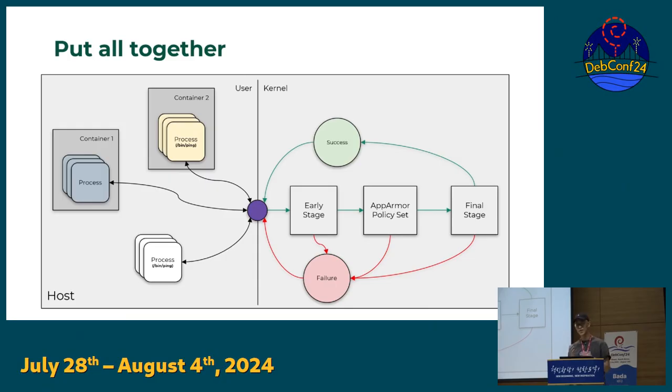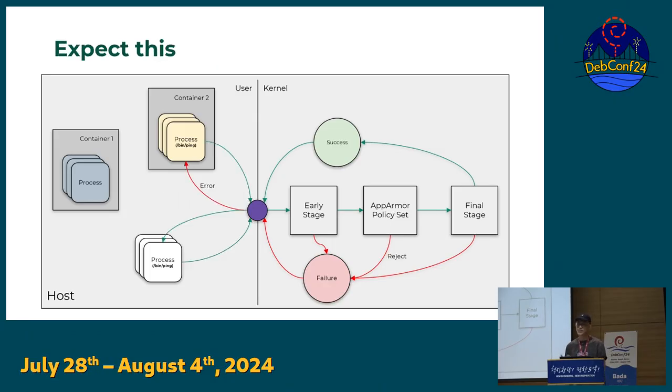There are many processes running not only in containers, but also on the host, and the kernel works with the security module. So the system has two parts of security, one for containers and another for the host. Finally, we have full security functions for every process in the system.